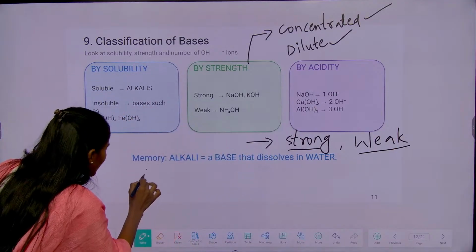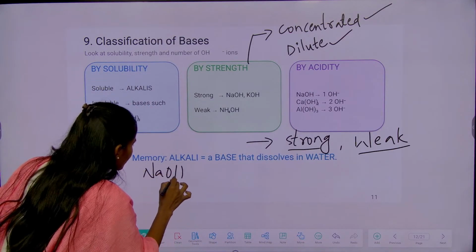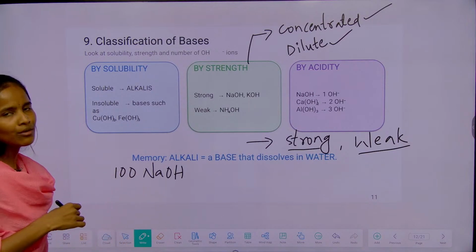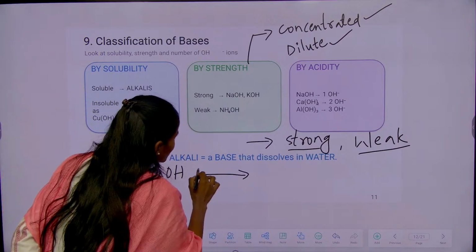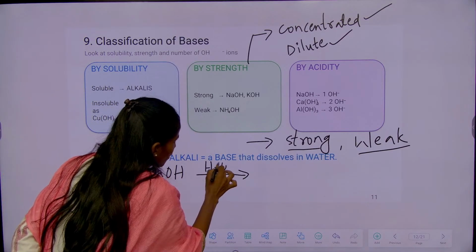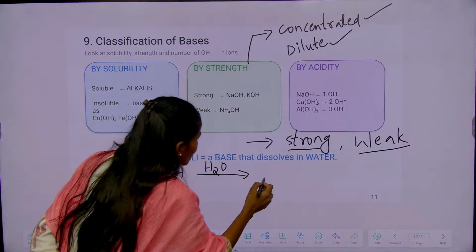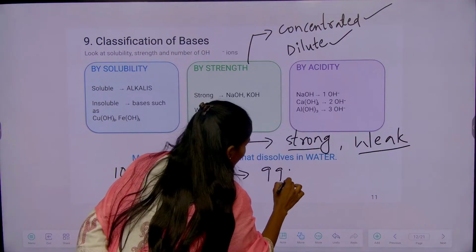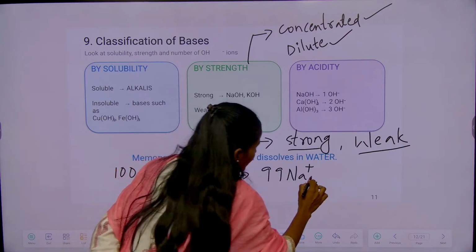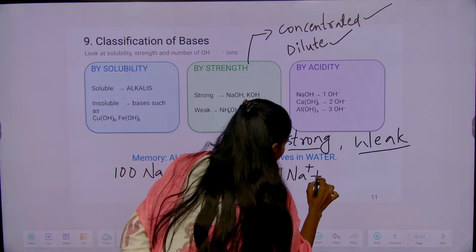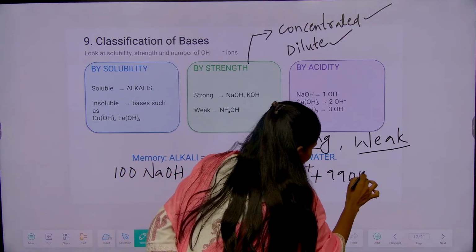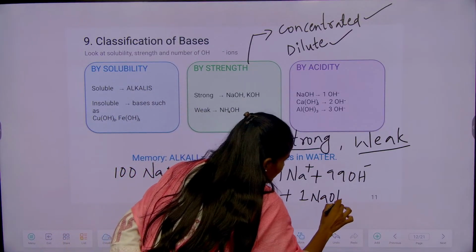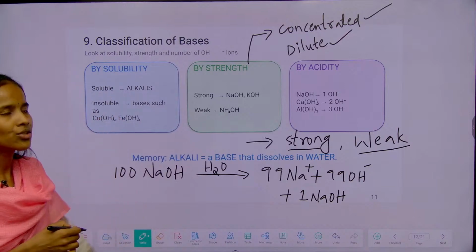For example, if you take NaOH, out of 100 NaOH molecules, on dissociation in the presence of water, if you are getting almost 99 Na+ and 99 OH- ions, and only one NaOH is left undissociated, then we will call it a strong base.